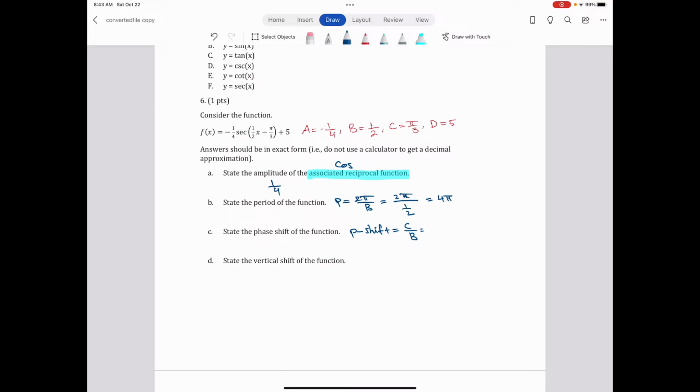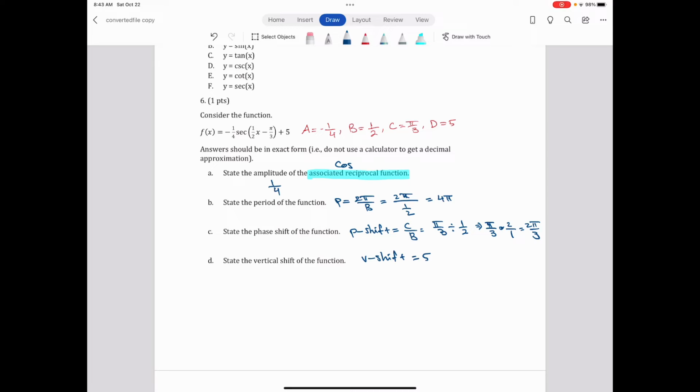So this is equal to pi over 3 divided by 1/2, which is going to turn to pi over 3 times 2 over 1, and that is 2 pi over 3. And then the vertical shift, we know that the vertical shift is d. So in this case, it's equal to 5.